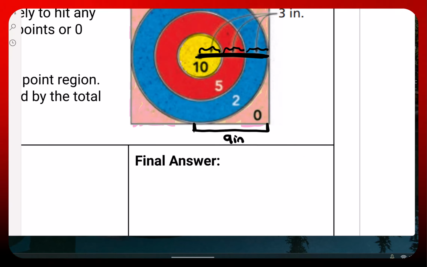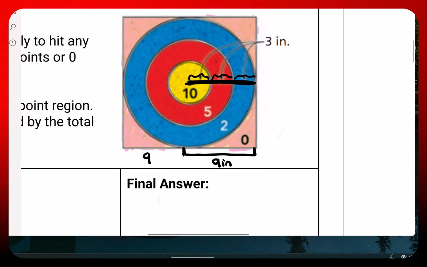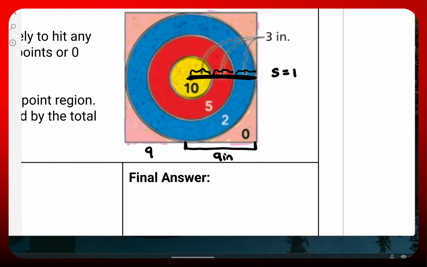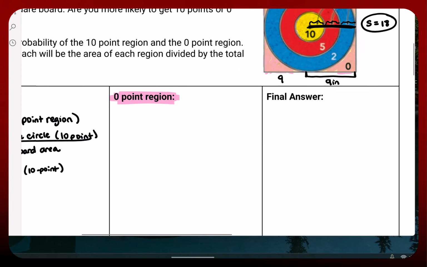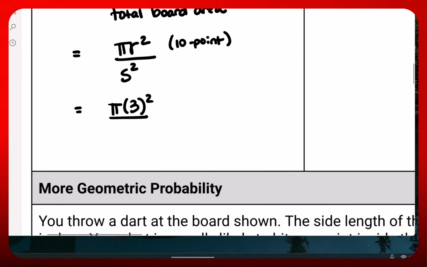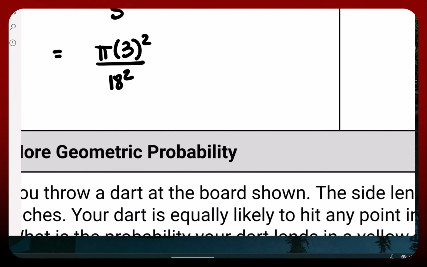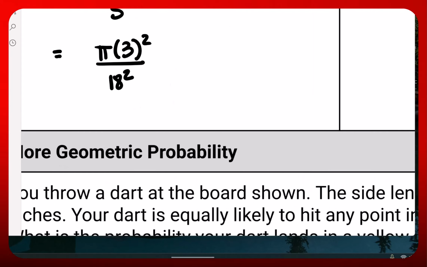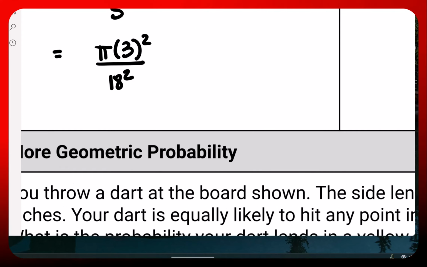Now, is that the length of the side of your board though? What's the length of the side of the board? Yeah, it's 18 because you got to add both halves together. So the side length is equal to 18. Let's keep that in mind. So I'm just going to say 18 squared. So what I'm doing in the top is finding the area of the 10-point circle, and then I'm going to divide that because it's probability, right?